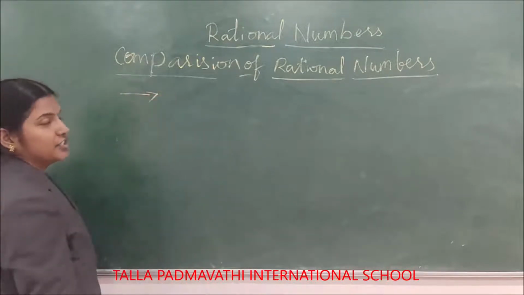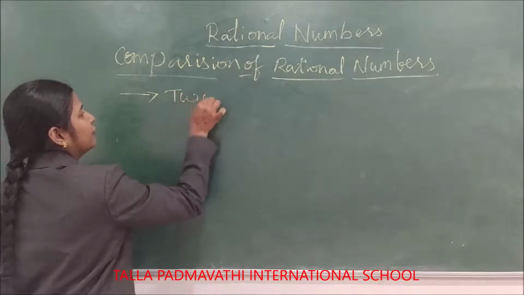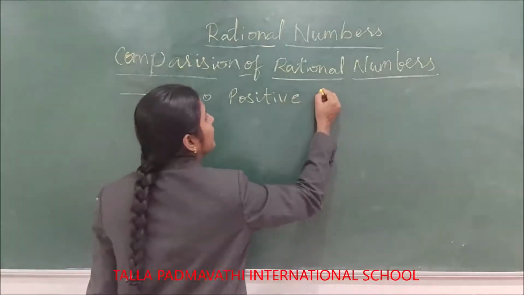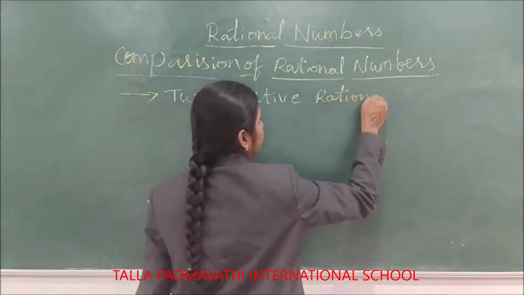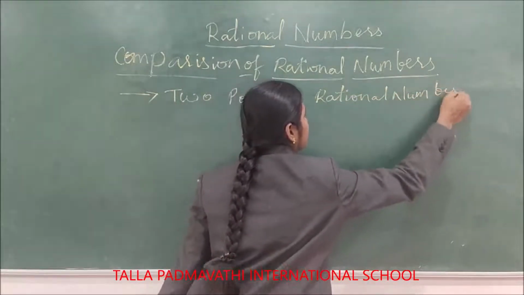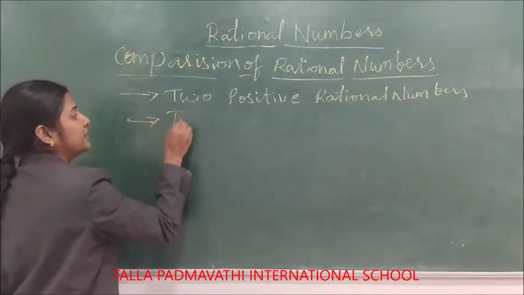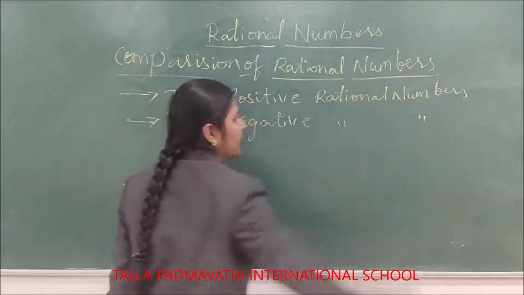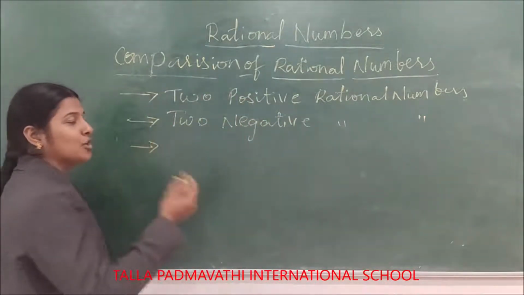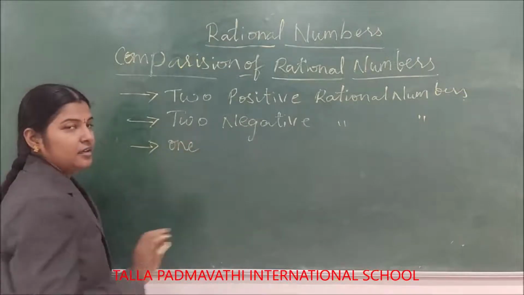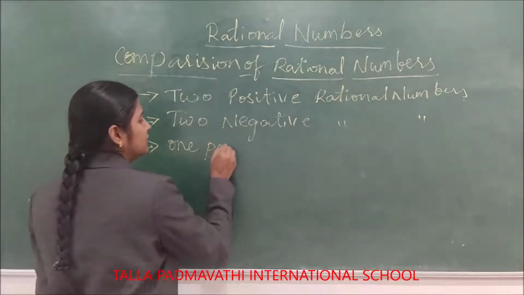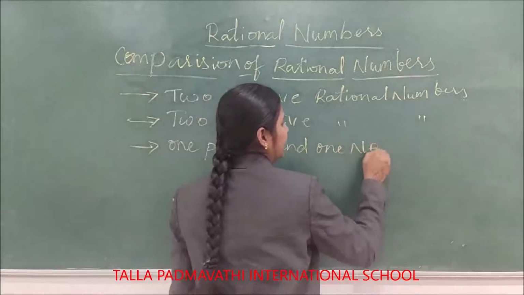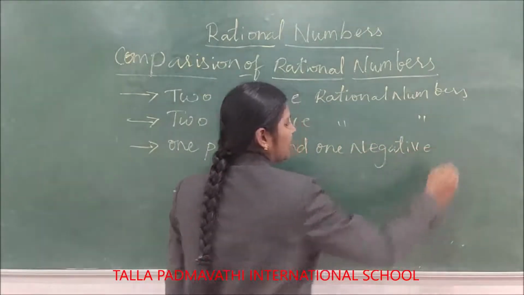In the comparison of rational numbers, we have comparison of two positive rational numbers, and two negative rational numbers, and the other one is one positive rational number and one negative rational number.